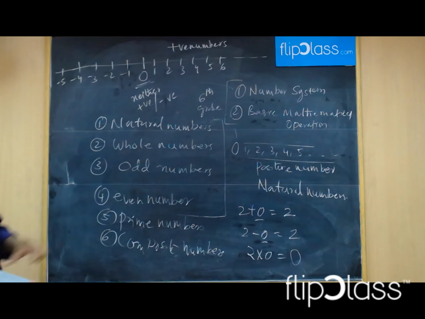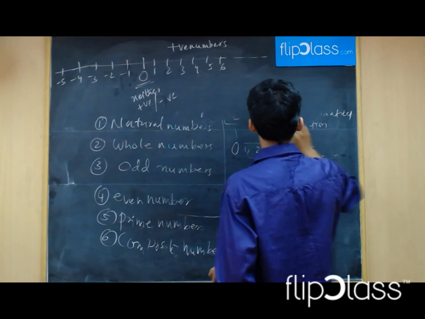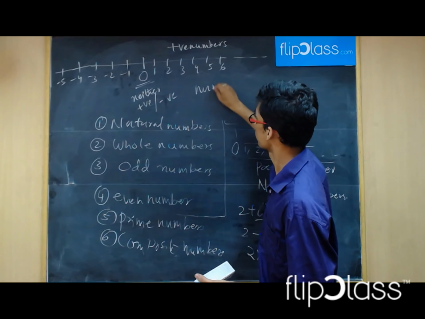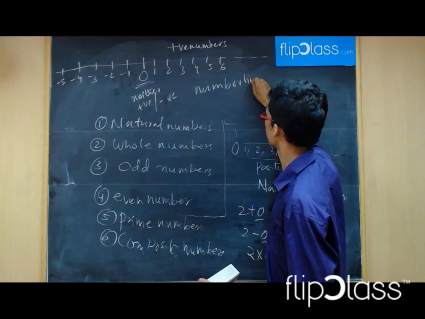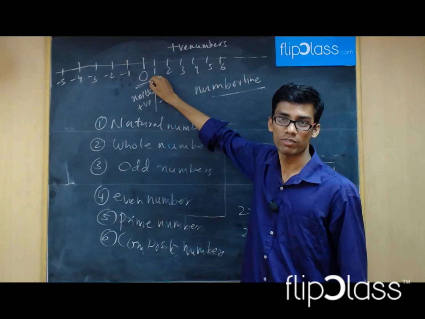Now there are some basic things that you have to understand. I've told you this is a number line wherein 0 is neither a positive number nor a negative number.